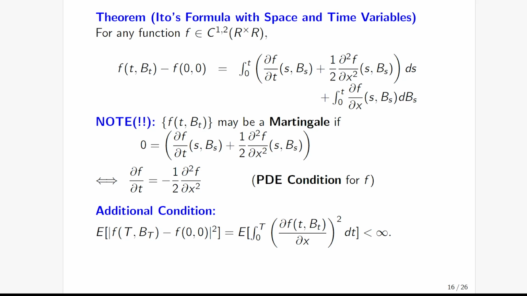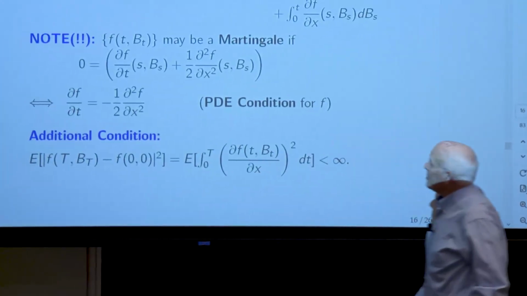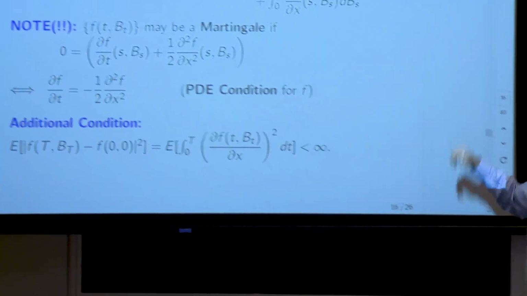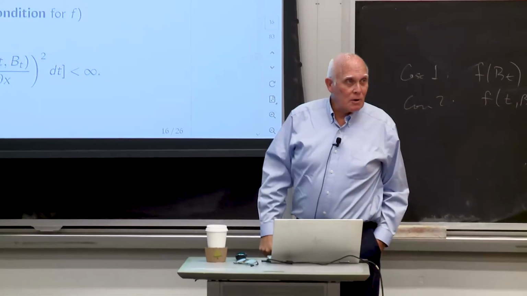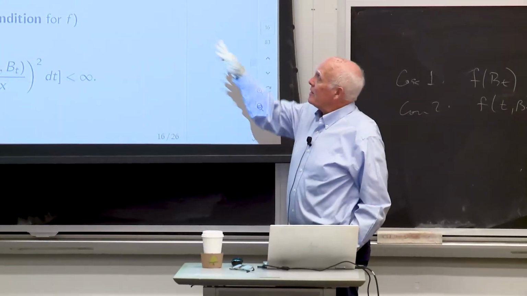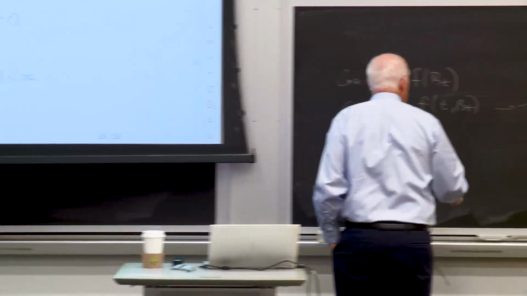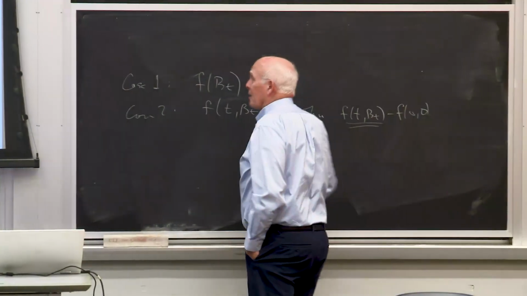So if we have this formula for the increment, then we basically have a constant term plus an integral of Brownian motion, which has mean 0 as a random variable. But if the term that's in the integrand over time is equal to 0, then this function f will be a martingale.